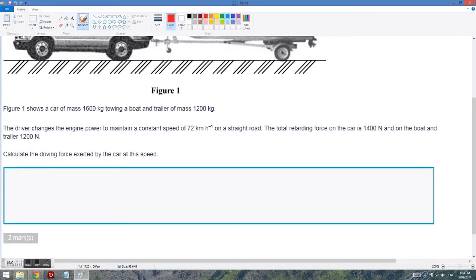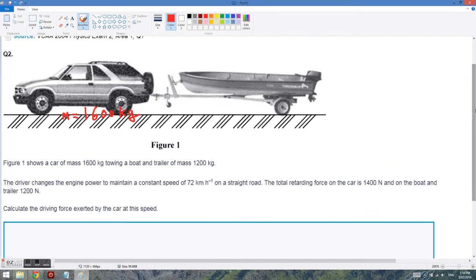The mass is going to be 1,600 kilograms. Always remember the unit. The trailer has mass 2 of 1,200 kilograms.